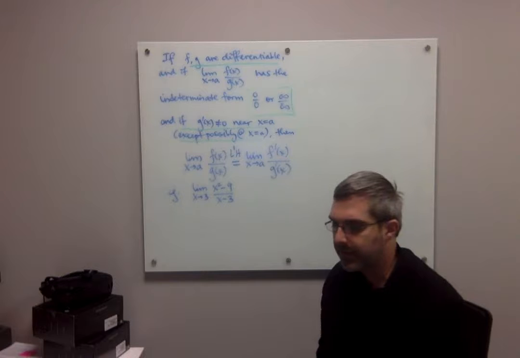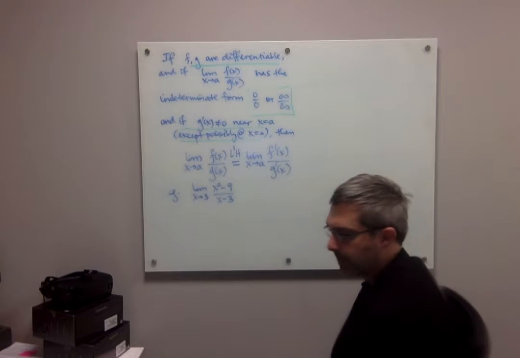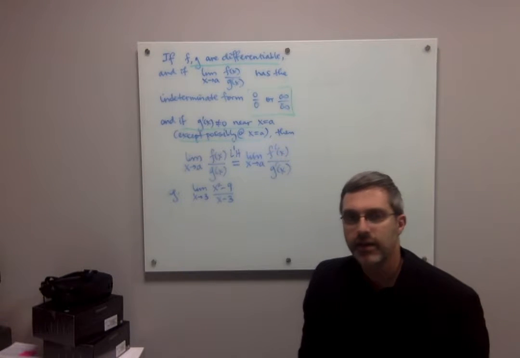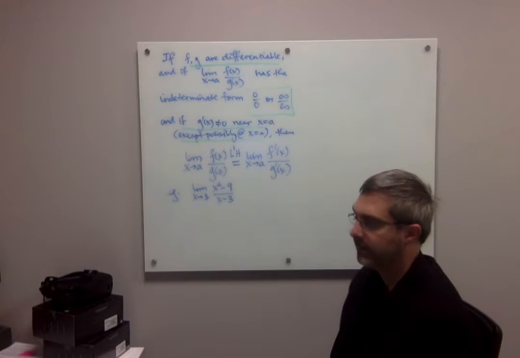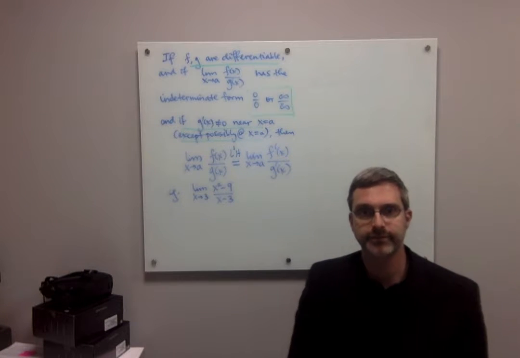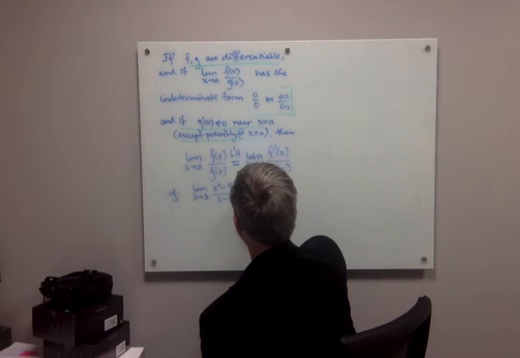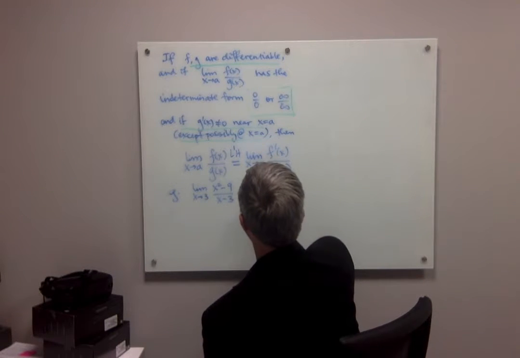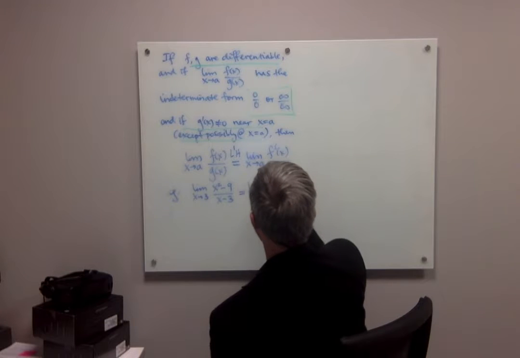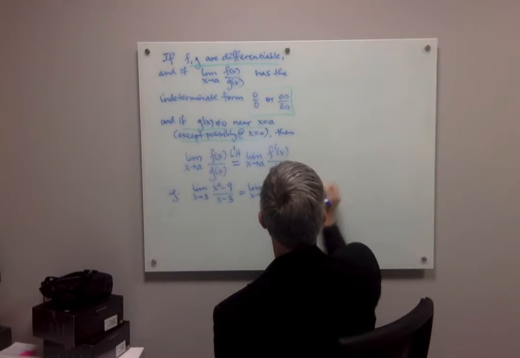This type of problem should look really familiar. And how did we do this previously? Previously, what we would do is we would factor and cancel. This is one of our factor and cancel problems. So we take a limit as x goes to 3, and we factor the top, x minus 3 times x plus 3.